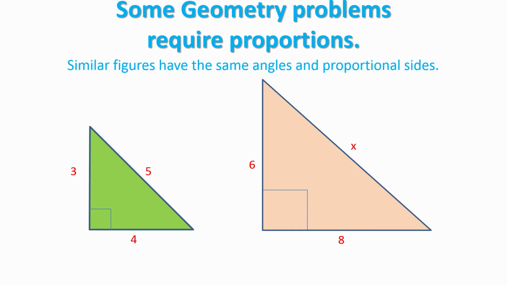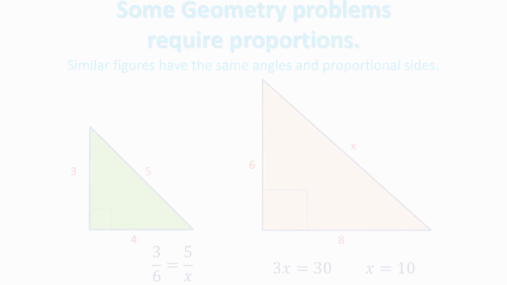One triangle has a 3, the other one has a corresponding side of 6. So we would have 3 over 6 as one fraction. Now we want to find the hypotenuse of the second triangle. The first one has a hypotenuse of 5, and we put that over x. 3 over 6 equals 5 over x. Solve for x, and we're going to get 10.